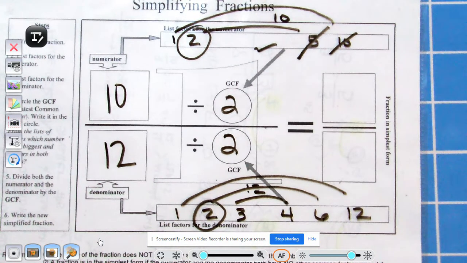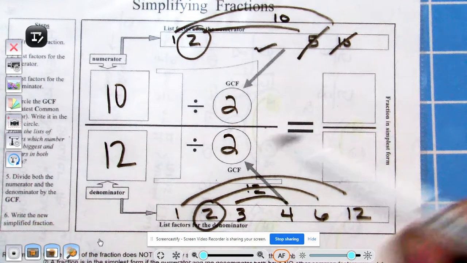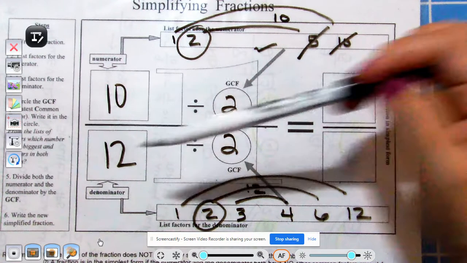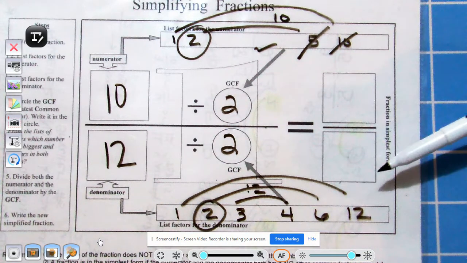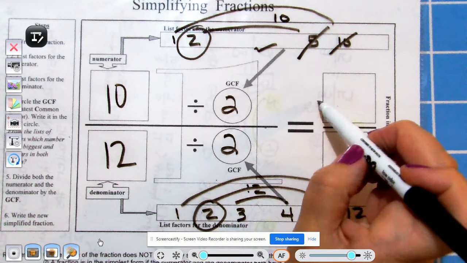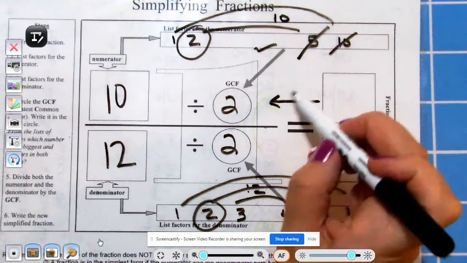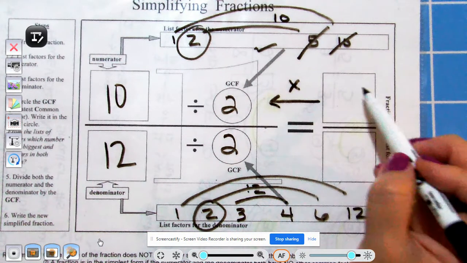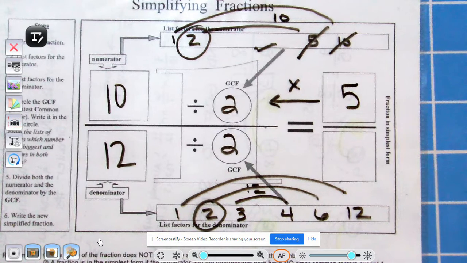Now, as we learned in a previous video, there are different ways to do this. If you're really good with your division facts, 10 divided by 2, 12 divided by 2, or you can reverse multiply. Something times 2 equals 10. That would be 5.